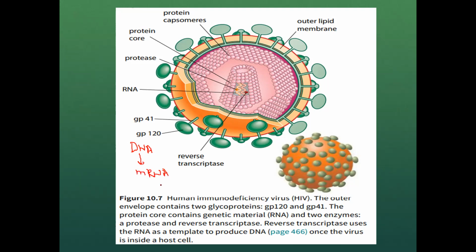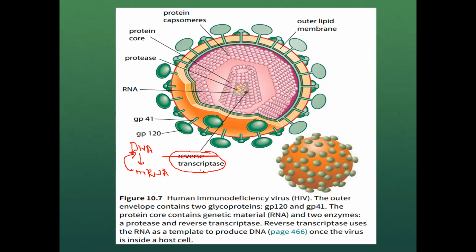This messenger RNA then leaves the nucleus, goes into the cytoplasm, where translation takes place and protein synthesis happens. So in this case, it is actually happening in reverse. Since this virus contains RNA, this RNA is being converted into DNA. This is a reverse process, and the enzyme responsible for that is reverse transcriptase.